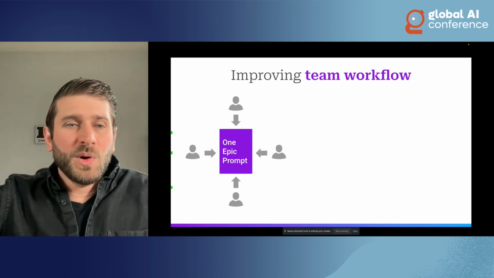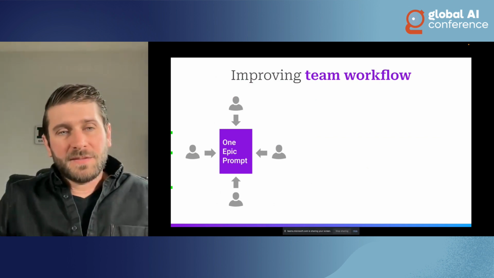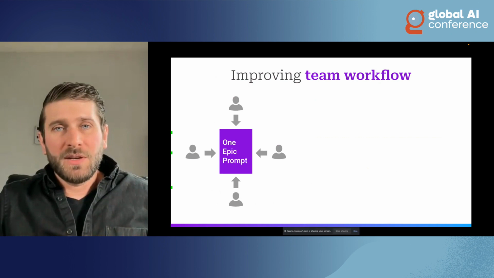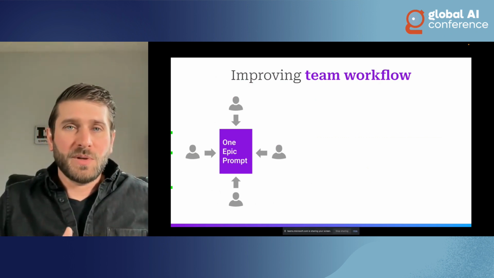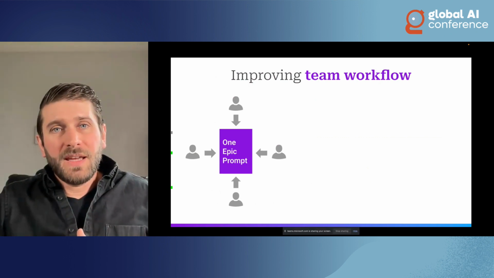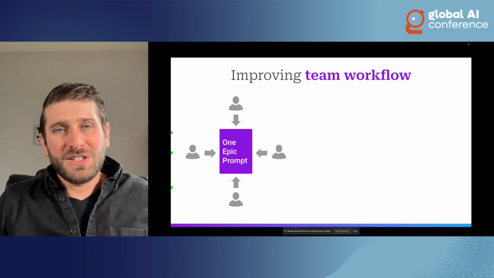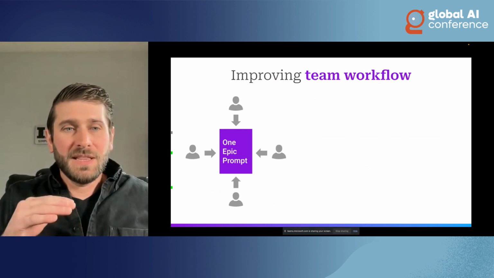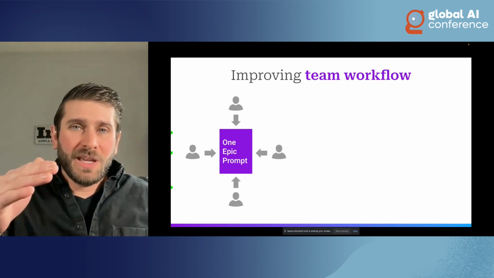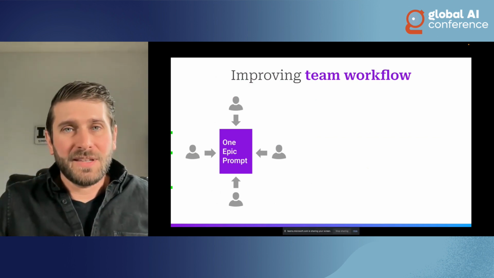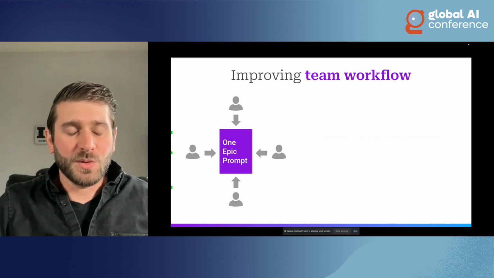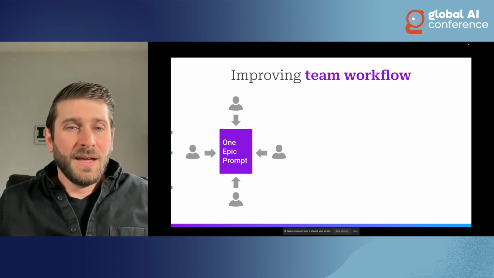And then in terms of team workflow, if you have one epic prompt that your entire feature is sort of predicated on, it gets really dicey to just have people pushing changes to it, especially when you consider that even the order of what's going to be at the beginning or the end could have this outsized impact on the actual end performance.